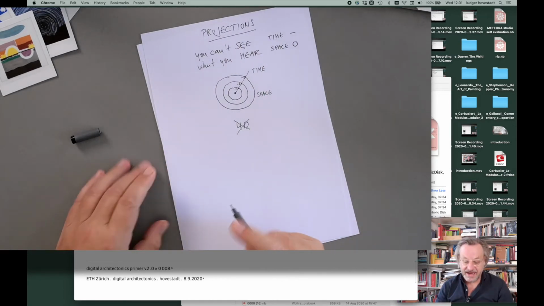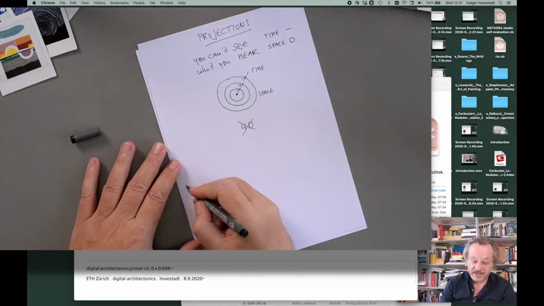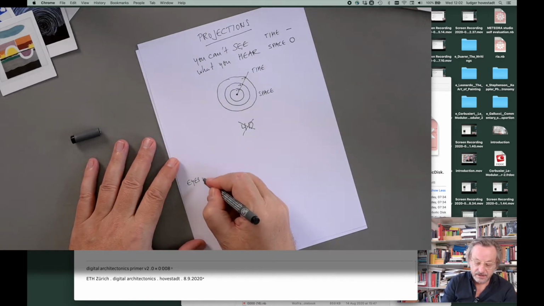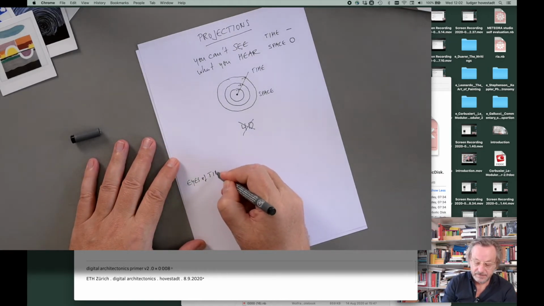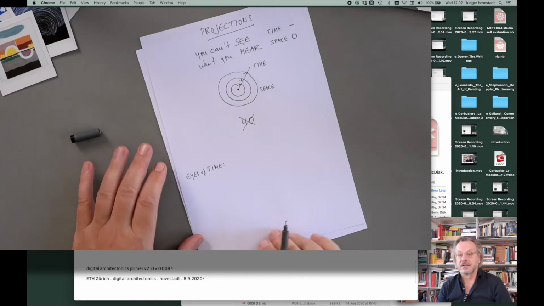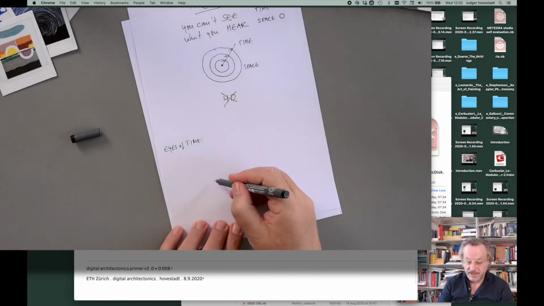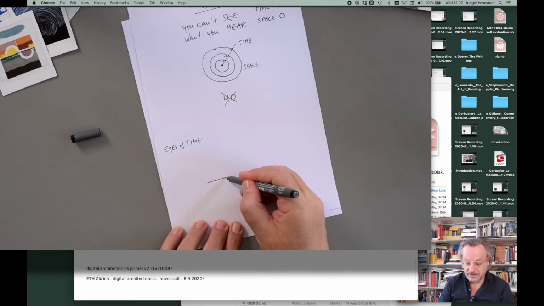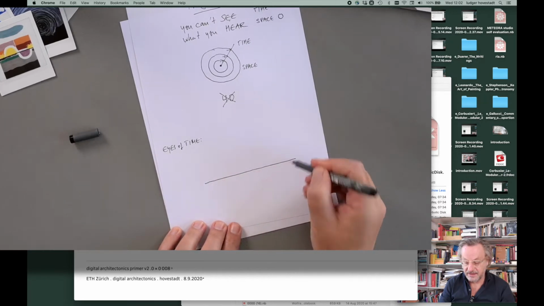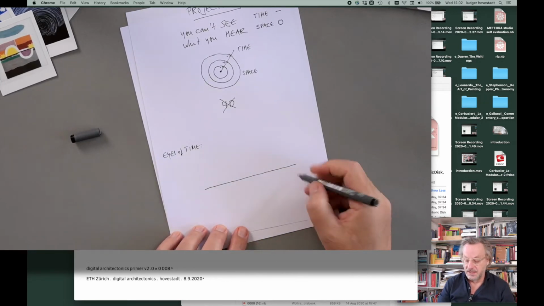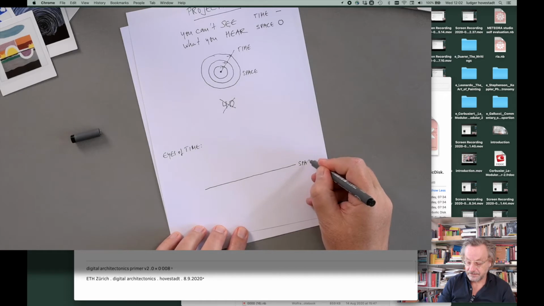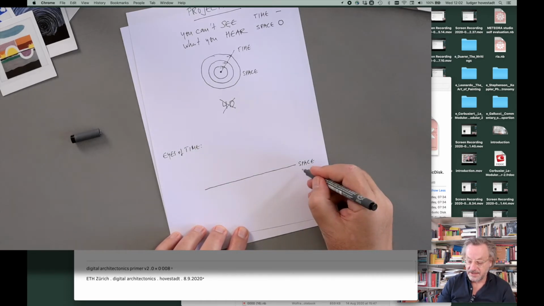Now we do a diagram. So we take the eyes of time to make a diagram. So we look at space and give that a line. This is space, and this is of any dimension, n dimension.